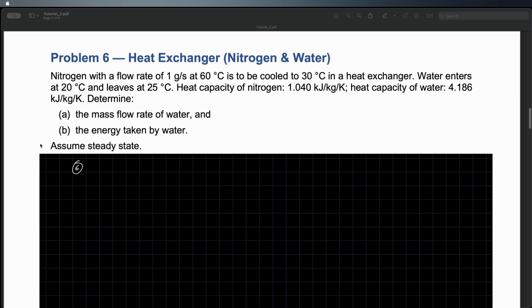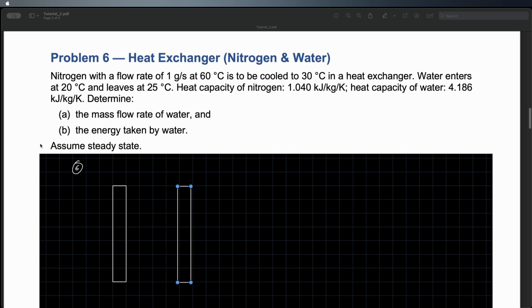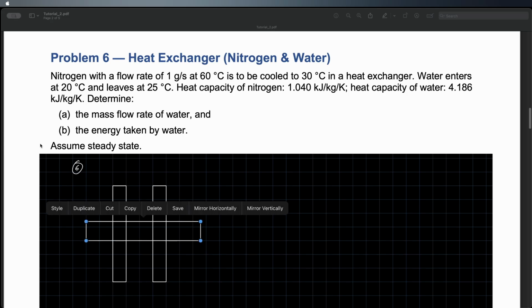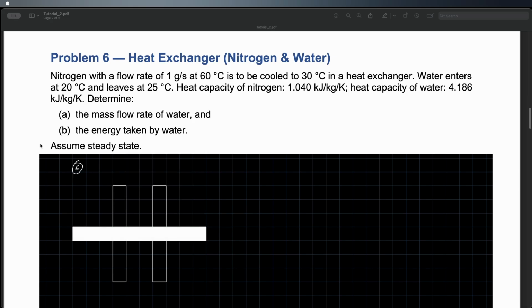So problem number 6, the heat exchanger. So we have a pipe over here. This is the pipe wall. Let's go like this. And then we've got a tube, presumably, which I suppose is the same as a pipe, running through the other one, but they are not connected.